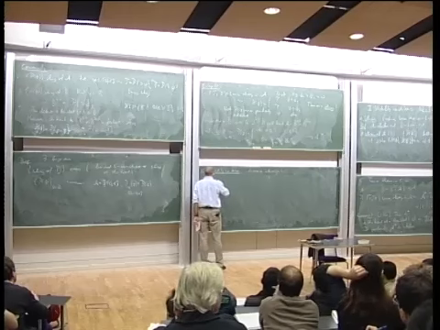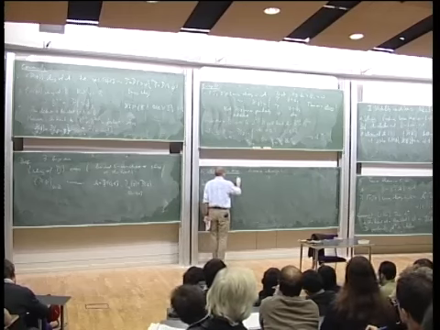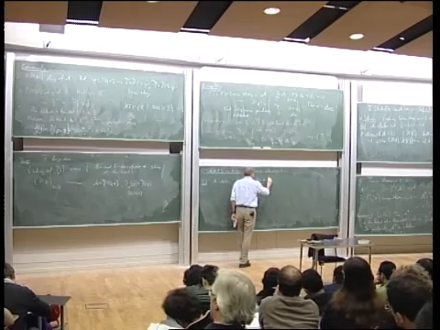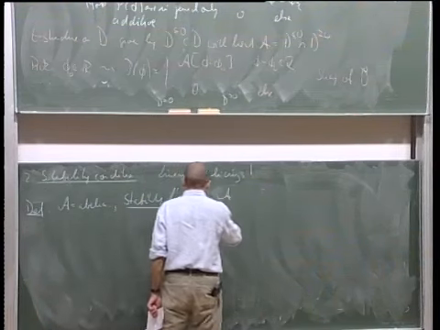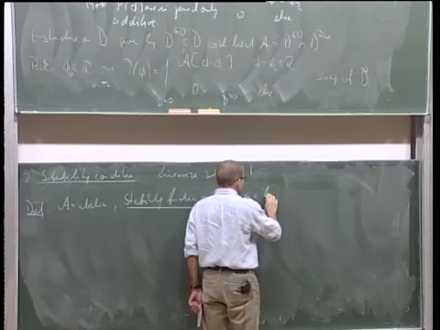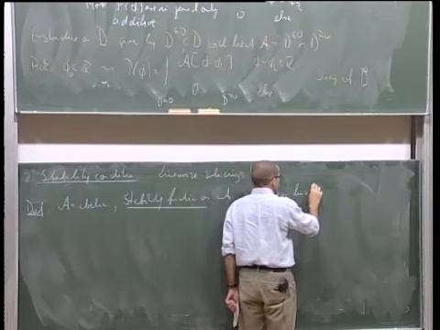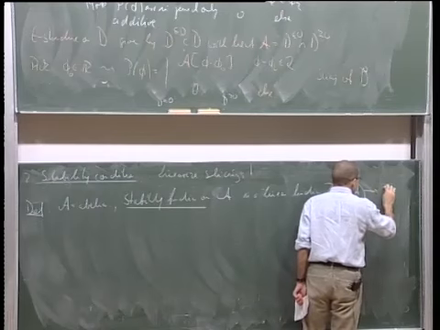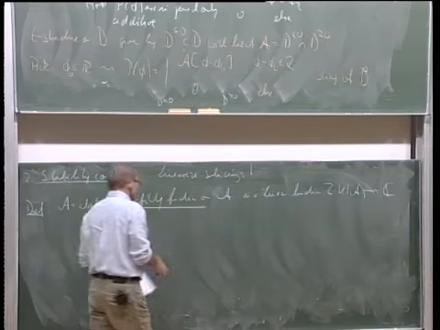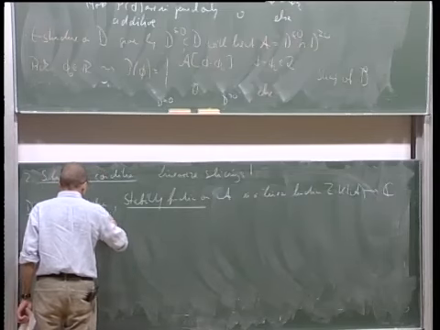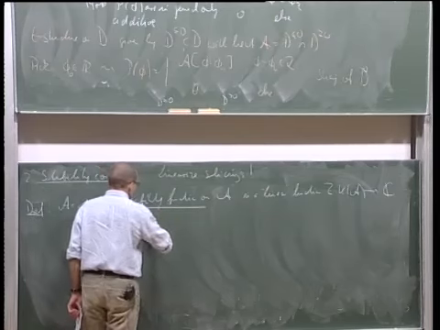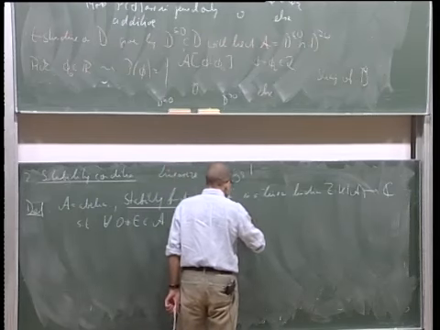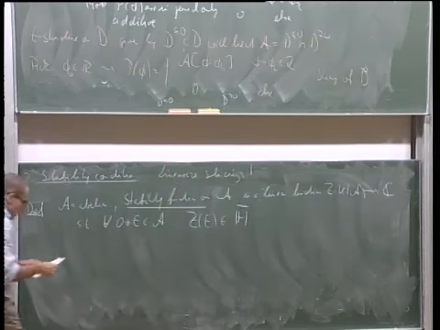So A again abelian, and a stability function on A is a linear function Z from its Grothendieck group to C, and I want this one condition such that for all non-zero objects in A, this thing is contained in the upper half plane, where I allow it to be negative real.